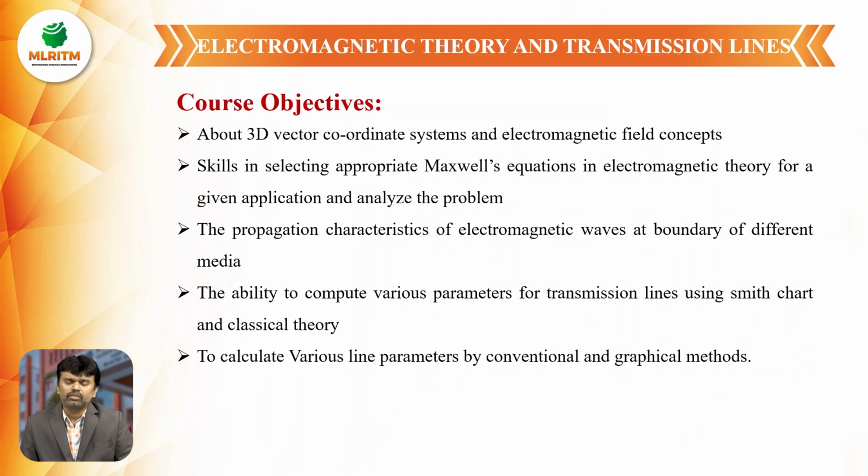The last objective is to calculate the various parameters of transmission lines using graphical methods. We will measure parameters like reflection coefficient, VSWR, and attenuation losses using graphical methods also.